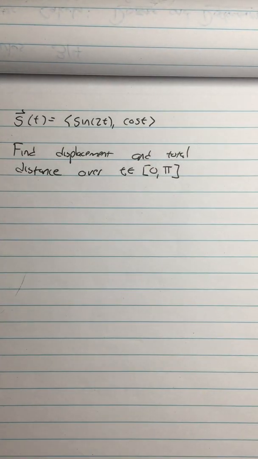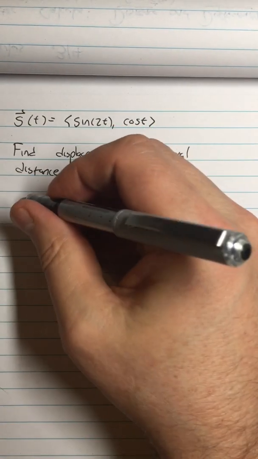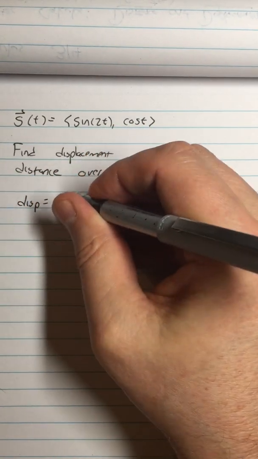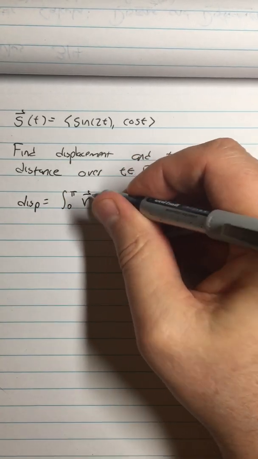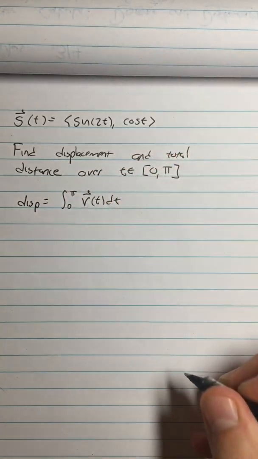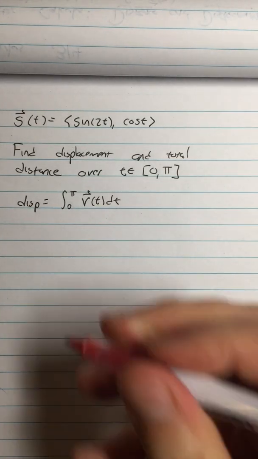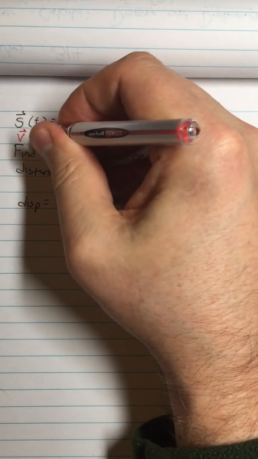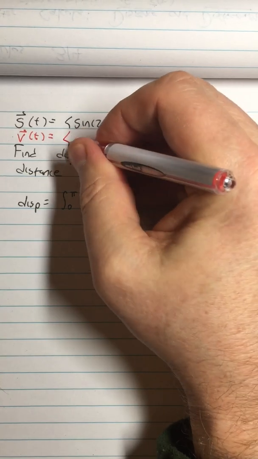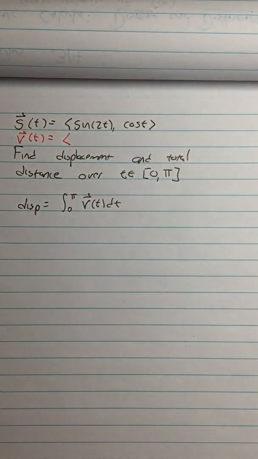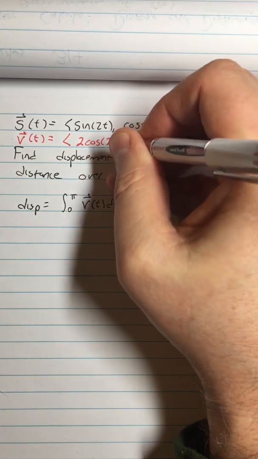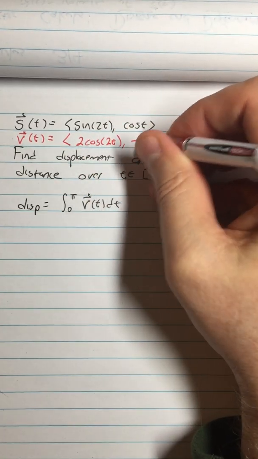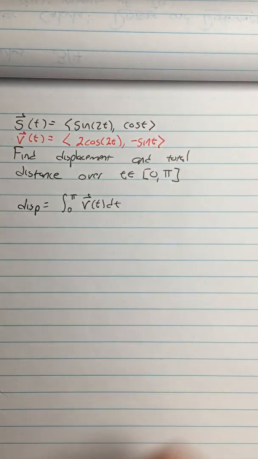All right, so let's start with displacement. Displacement is going to be the integral from 0 to pi of our velocity function. Oh, I didn't find the velocity function, did I? Well, let's do that next. Let's find the velocity function. I'm just going to change colors so it'll fit in here nicely. So what is it? 2 cosine 2t, negative sine of t.